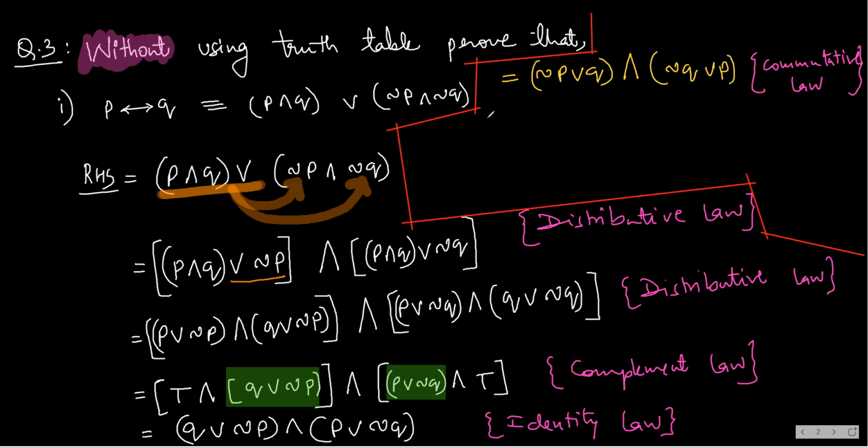Then you have the next one as, see, negation P or Q is P implies Q. Conditional law. P implies Q is same as negation P or Q. You can check.